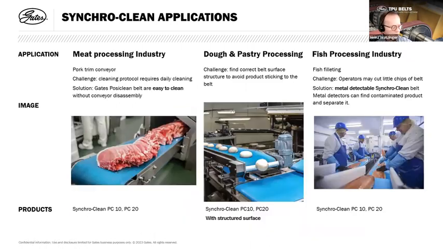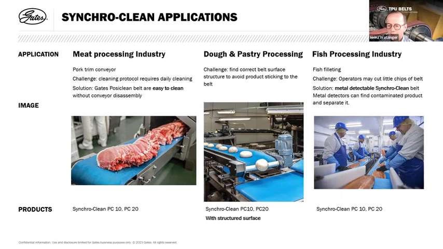Next page, please. And then we have the Synchro Clean product range. That offers a solution for many food processing applications. It's designed for direct food contact, and the PosiClean PC10 and PC20 are designed for synchronized conveying. The full width drive tooth distributes torque evenly over the entire belt width.